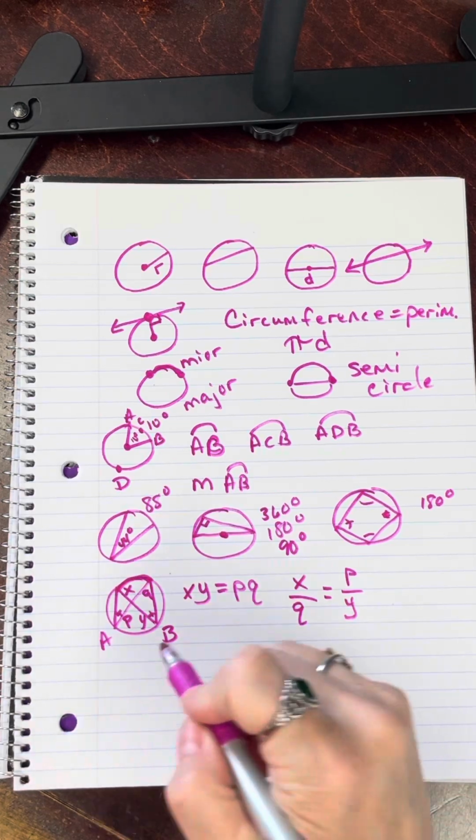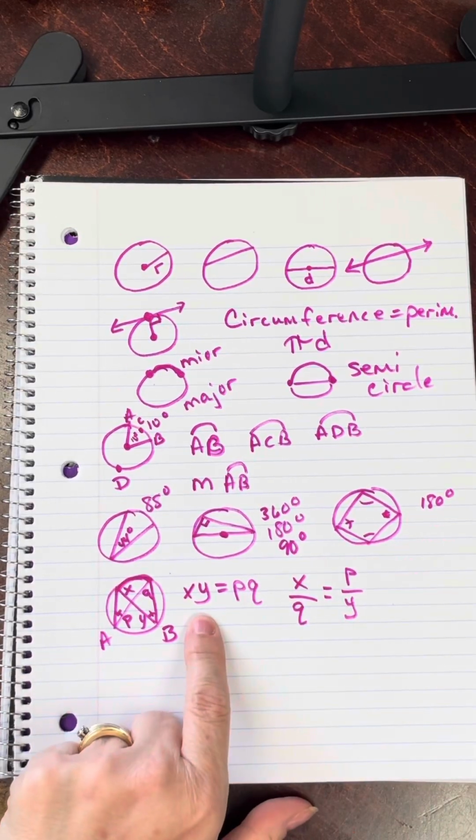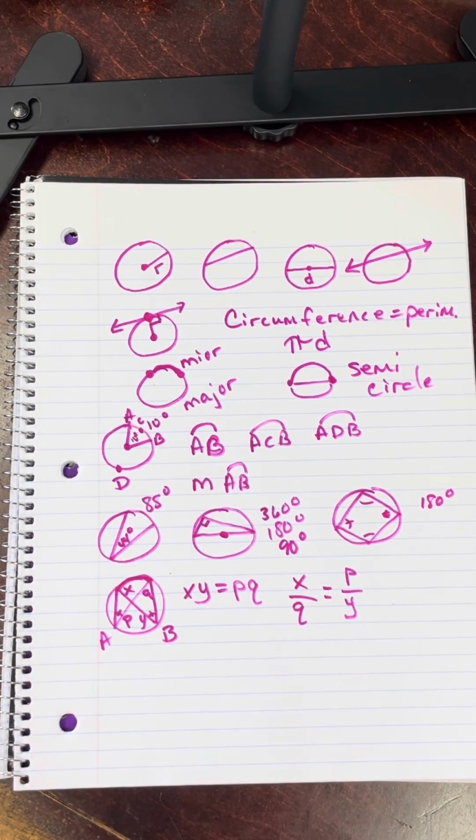Because they're similar triangles, I set up that proportion and I can cross multiply to solve. That would also give me that same XY equals PQ. It's just a way of proving that the formula actually works in multiple ways.